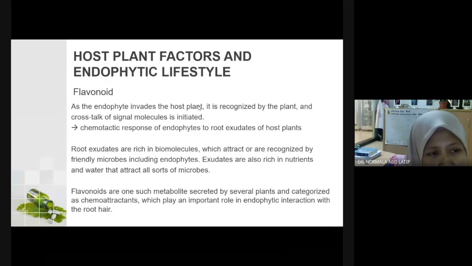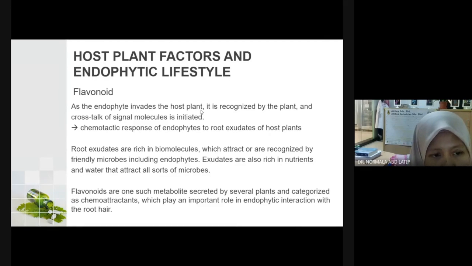These signals attract the endophytes to come to the root of the plants, and when the host plant recognizes that the microbe is non-pathogenic, it allows the endophytes to get into the host plant's tissues. One of the chemoattractants released by host plants is flavonoids.